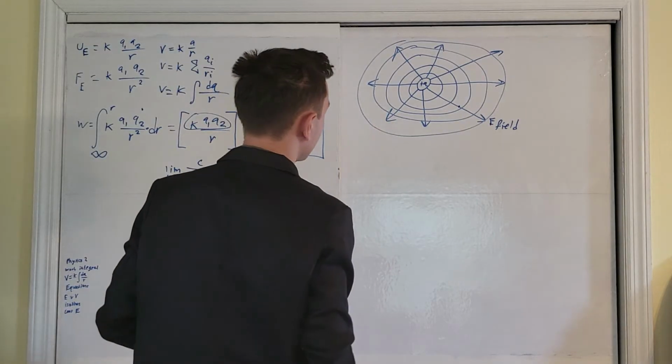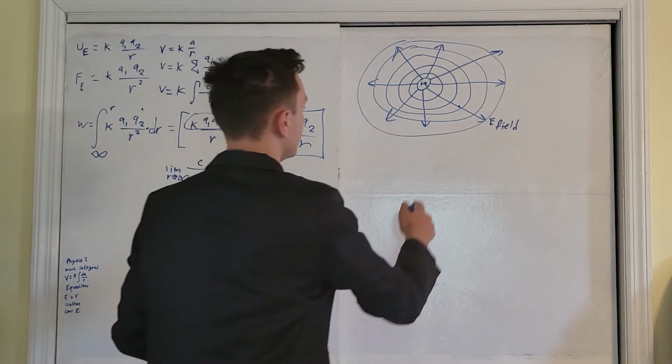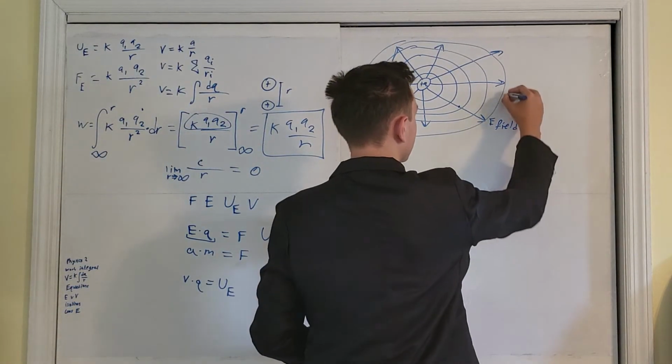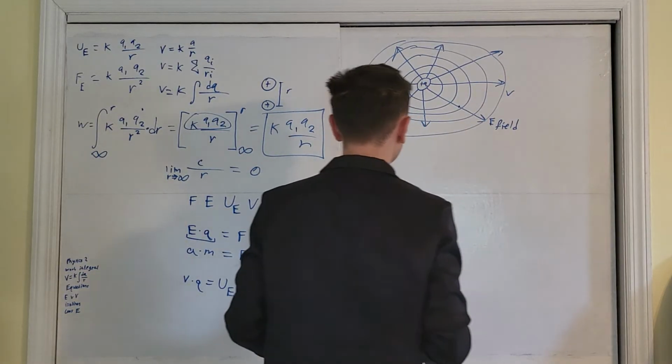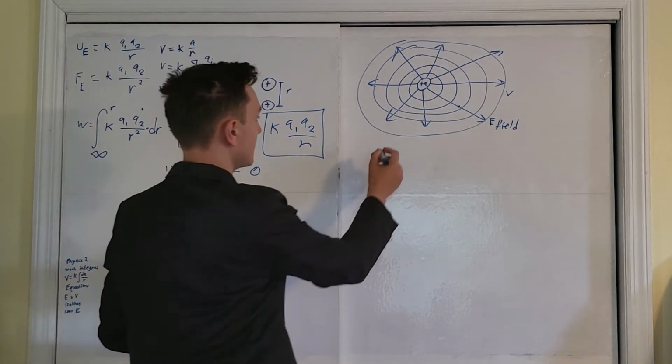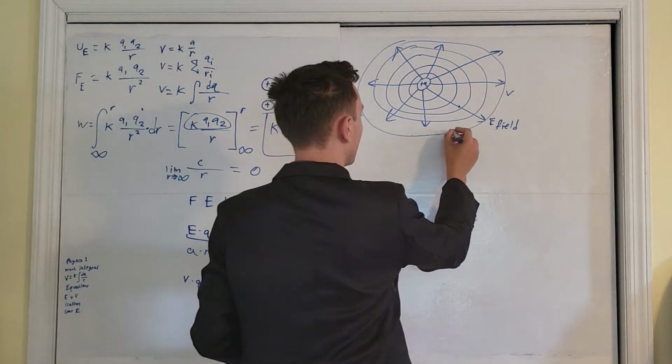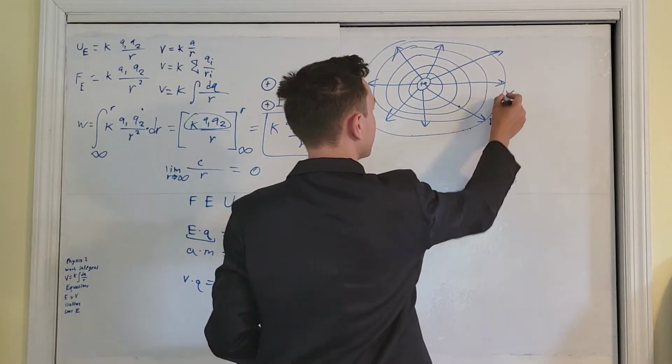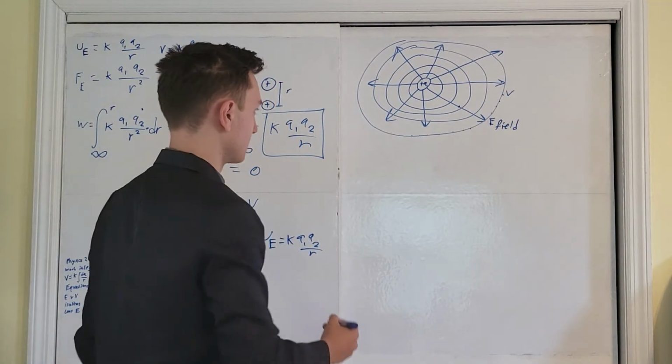The important thing to recognize in this diagram is that your isolines, your circular potential lines, are called equipotential lines. Why? Because every point on an equipotential line has the same electric potential.